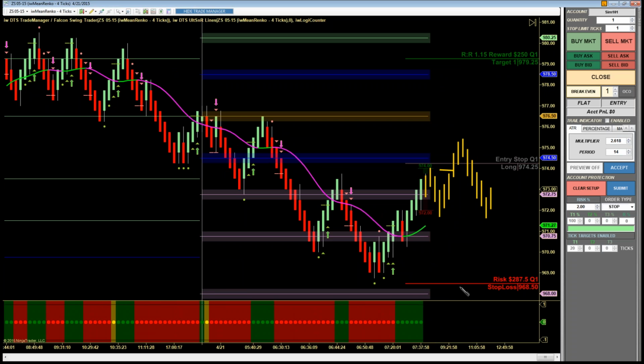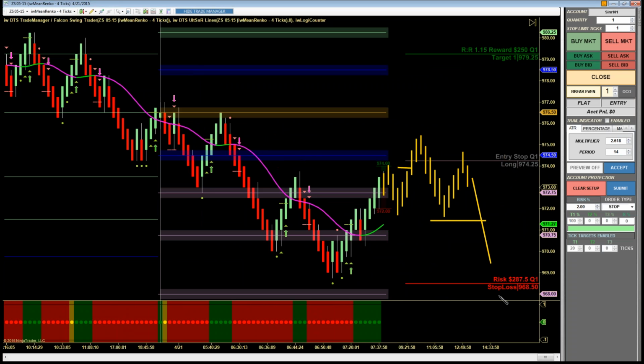Now, having my stop down here, once I see this kind of activity, well, now I'm going to roll my stop right here. And I'm going to continue to roll it as the market goes higher. Because if the market does not follow through at this point, let's say it goes up a little bit and then starts to turn again, chances are very good it's going to turn and perhaps even threaten my stops all the way down here.